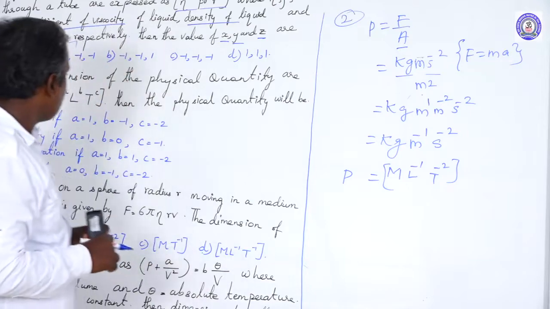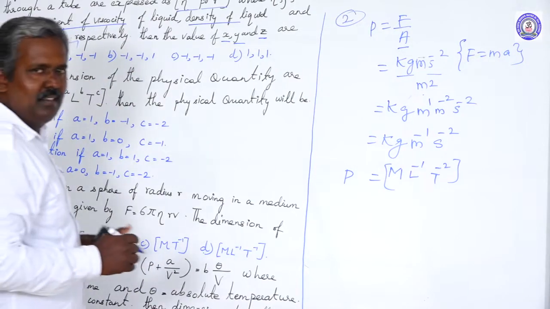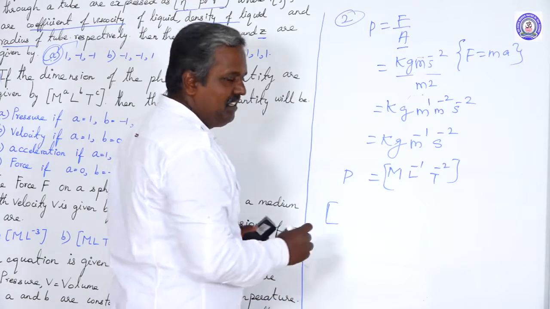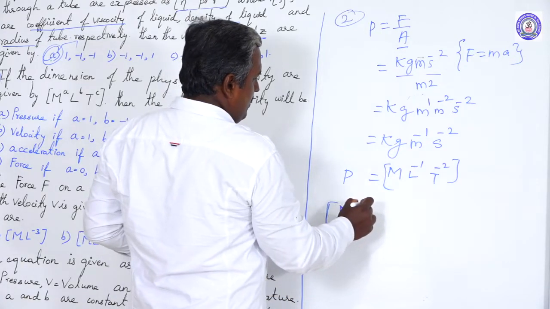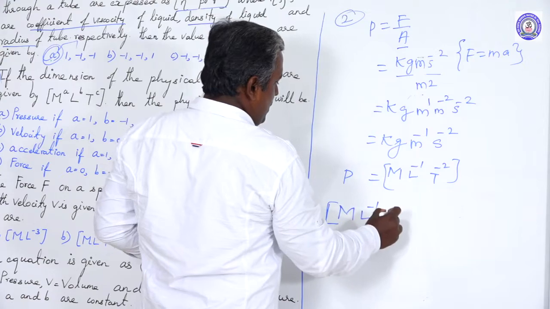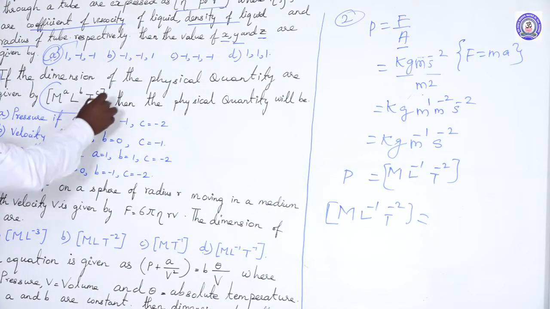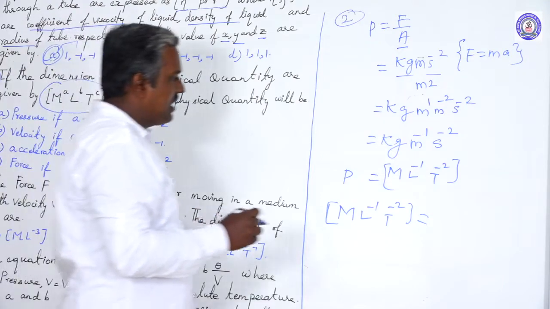Now comparing with the MLT, M L power minus 1 T power minus 2, here given MLT with powers A, B, C respectively.